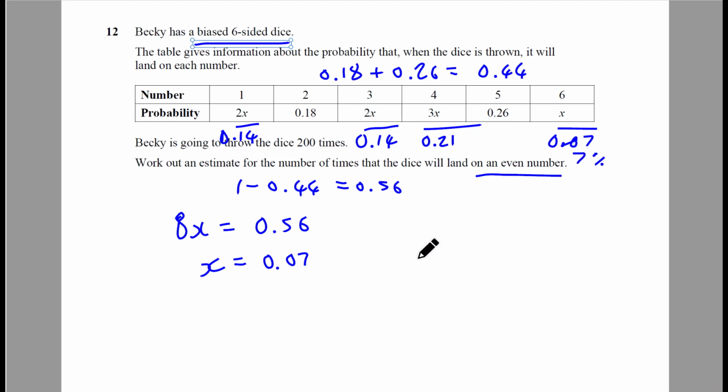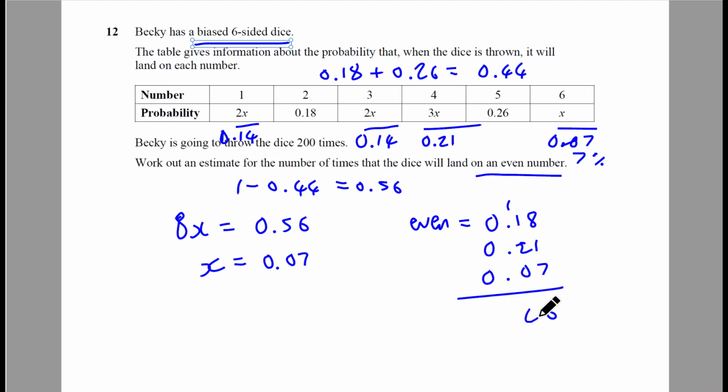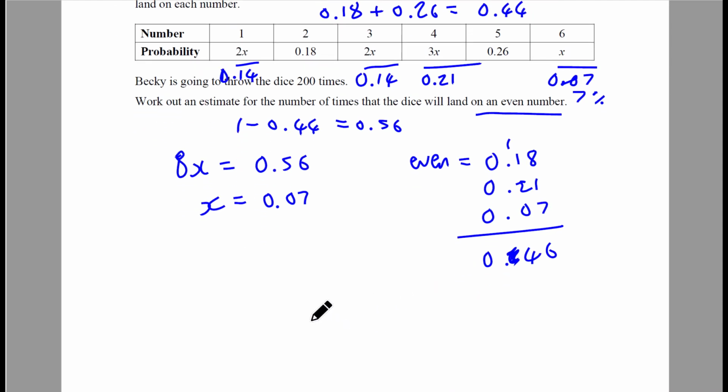Right, but we only want the even numbers, so we've got even equals 0.18, add 0.21, add 0.07, so 9, that's 6, carry on 1, that's 0.46, and we just need to multiply that by 200.